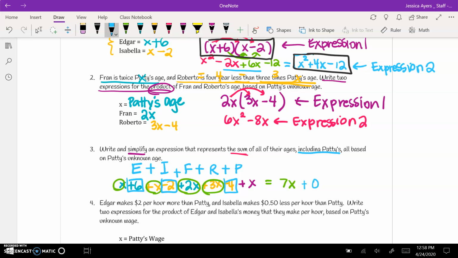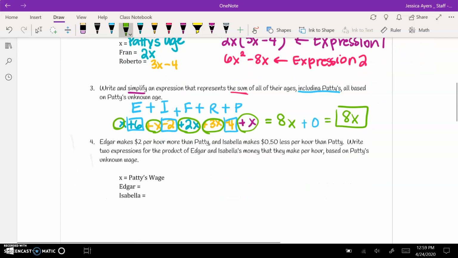When I look back at my circling, I realized I didn't circle Patty's age. So I just need to go back and change that to 8x. So my simplified expression is simply 8x.